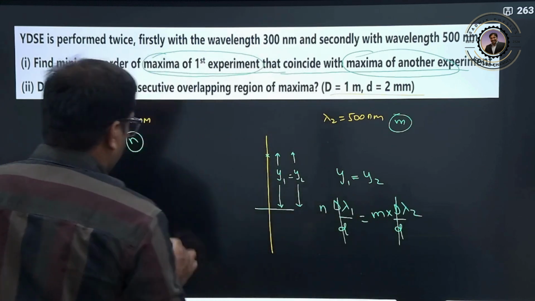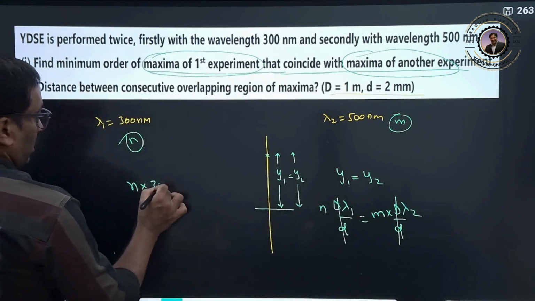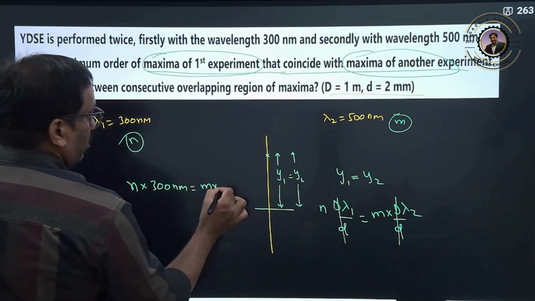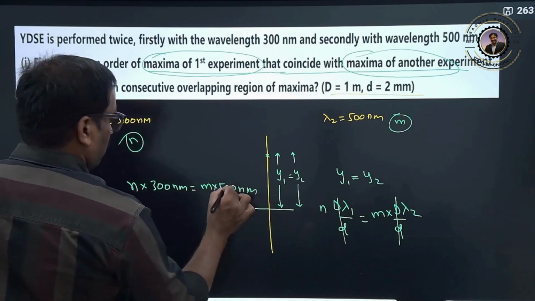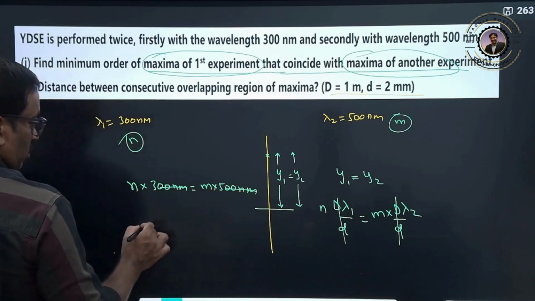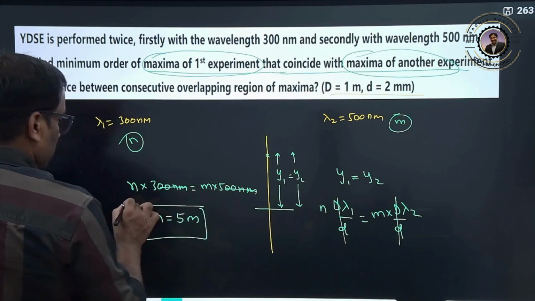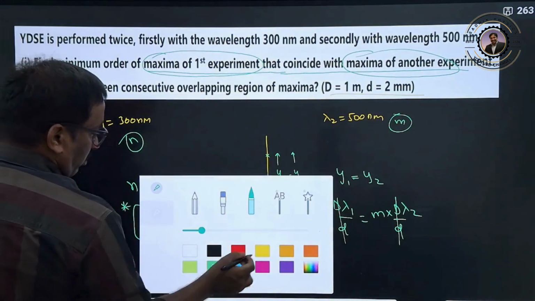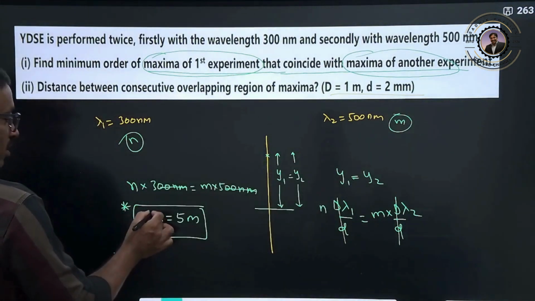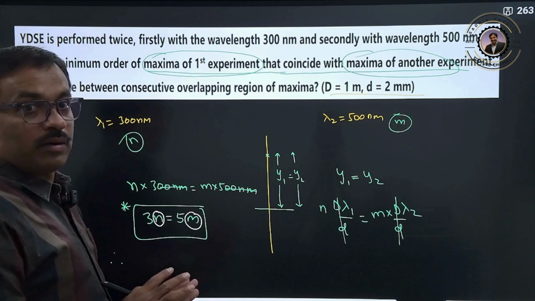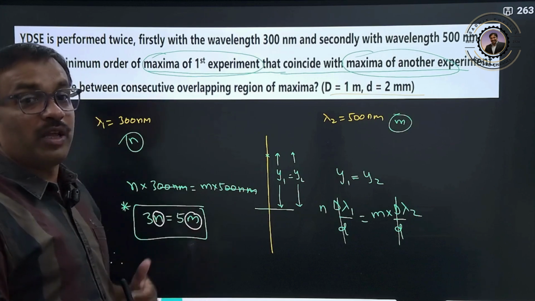So n into 300 nanometer is equal to m into 500 nanometer, so these get cancelled out. So 3n is equal to 5m. So when will this take place? What should be the value of n and what should be the value of m so that they are equal, the minimum number?